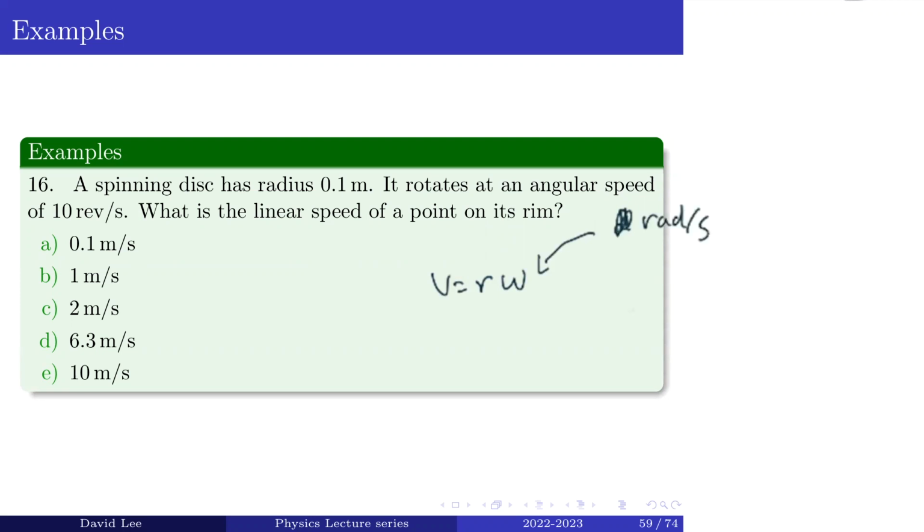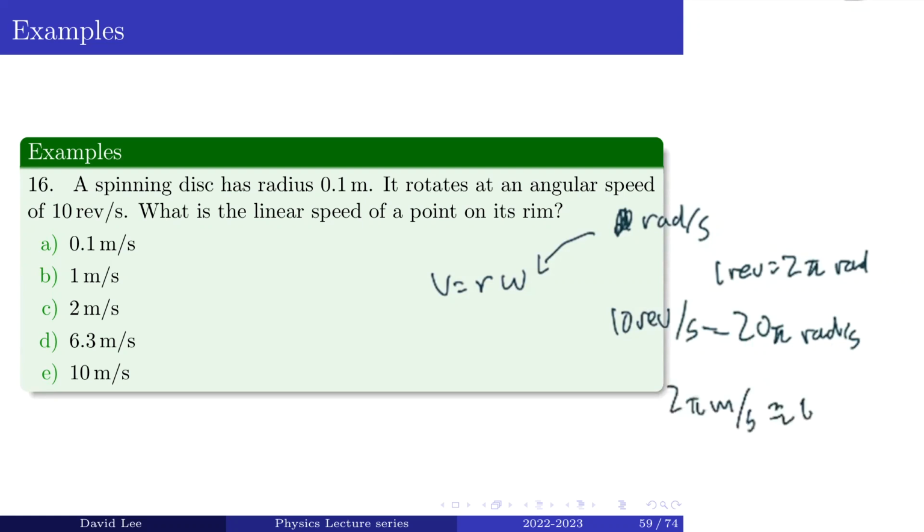So our 10 revolutions per second, well, 1 revolution is equal to 2 pi radians. So this is actually 20 pi radians per second. So then from there, we can get that it's roughly 2 pi meters per second, or roughly 6.3.